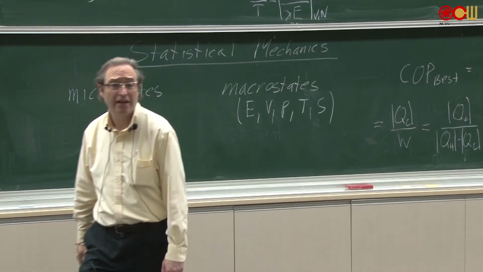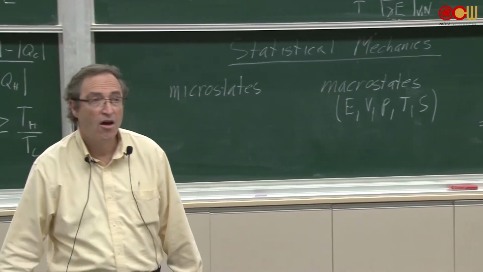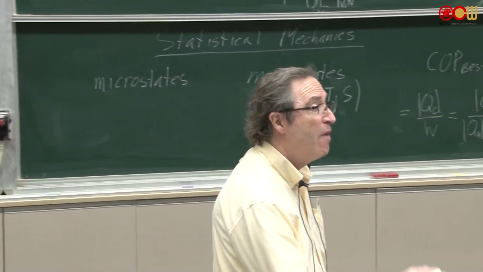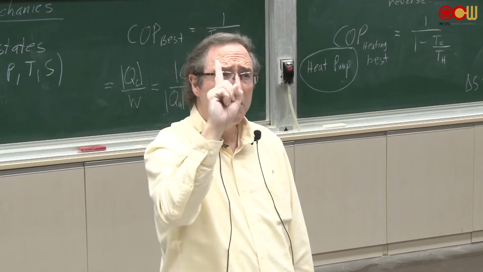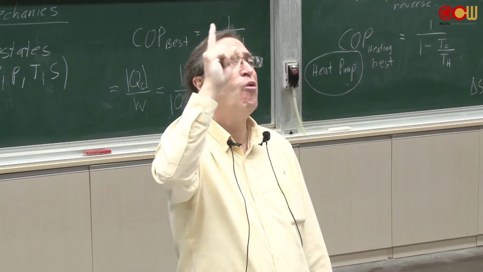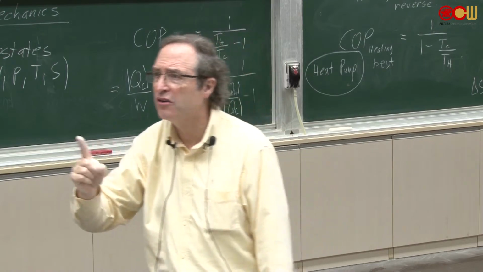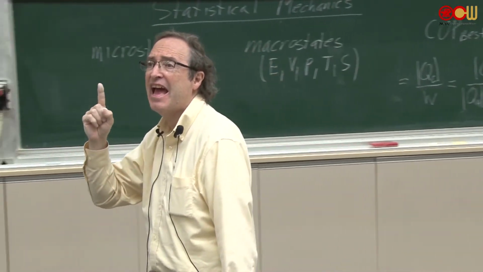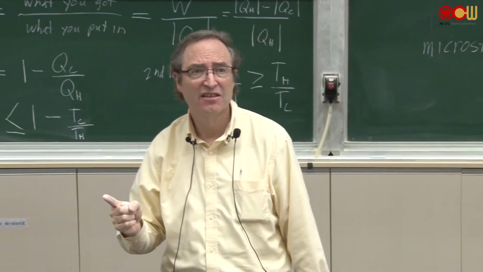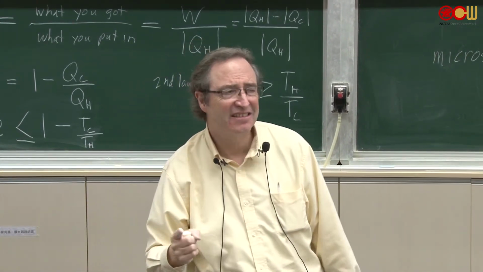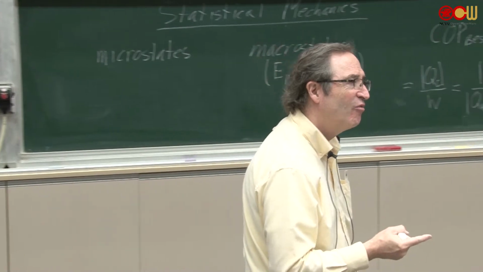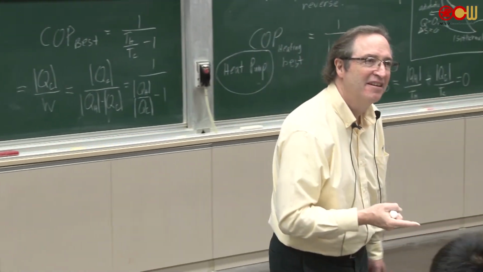What's a microstate? A microstate, let's say for a gas, would be saying what every single particle's location and velocity is. So that means I'd have to make a list, 10 to the 23 times 6 numbers, right?